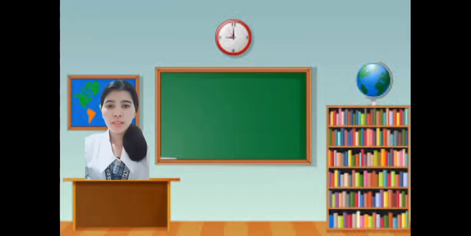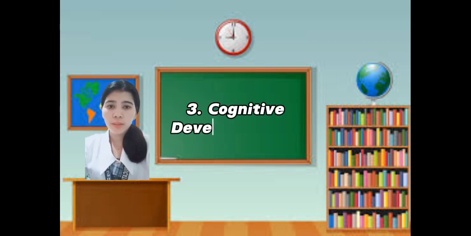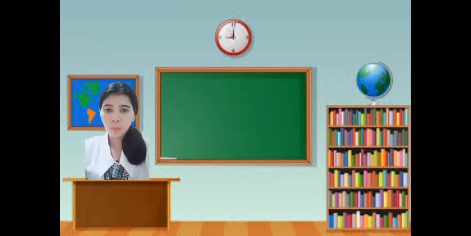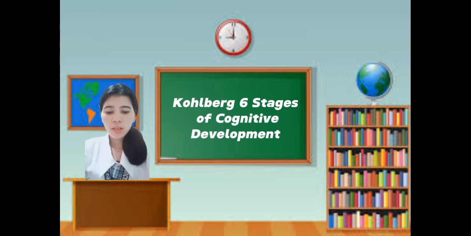Okay, the next approach after values clarification is the cognitive developmental approach. So, what is the cognitive developmental approach, and what are the 6 stages of moral development by Kohlberg?